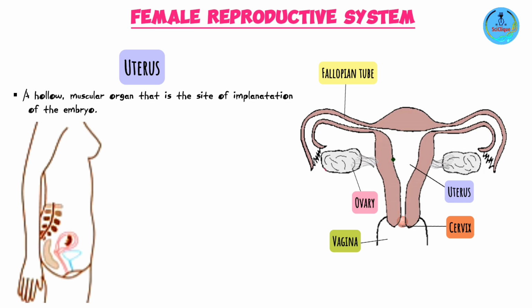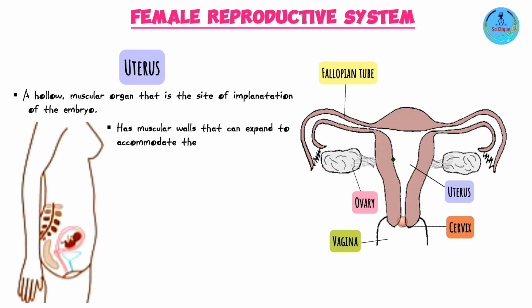Now the reason is because the walls of the uterus are muscular, so they're capable of expanding to provide enough space for the growing fetus. In fact, the volume of the uterus can increase by about 500 times during pregnancy. How amazing is this? After birth, it can get back to its original size.